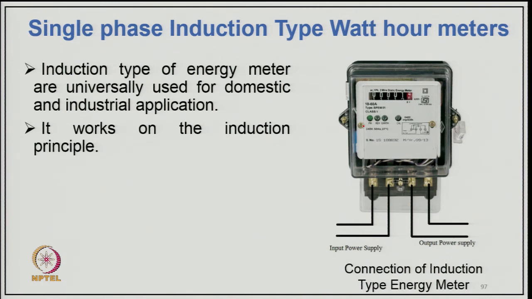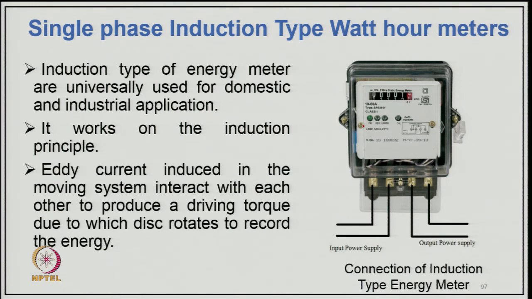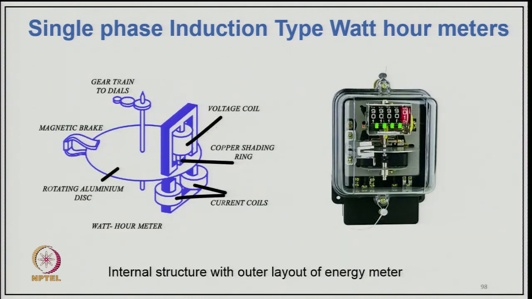It works on the principle of induction, and eddy currents induced in the moving system interact with each other to produce a driving torque, due to which the disc rotates to record the energy. This is the basic principle. You have a pressure coil on a core and a current coil on a core, and in between you have typically an aluminum rotating disc, and a gear for the dial to record the number of rotations.